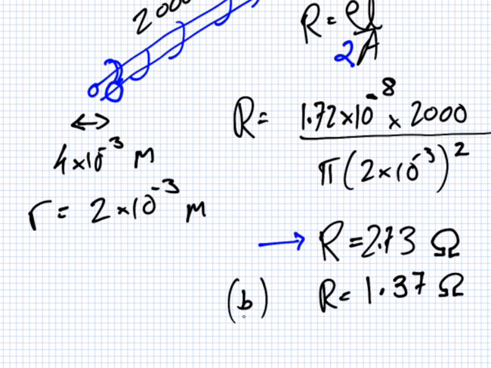There's 2 of them. So what would happen to this answer? 2 times bigger or 2 times smaller? Smaller. Why smaller? Because the area is bigger. Yeah, so then the resistance is 1.37? Something like this, roughly.